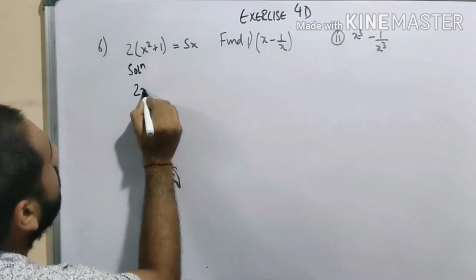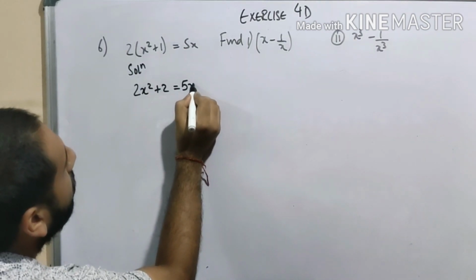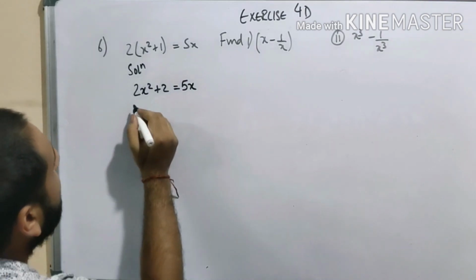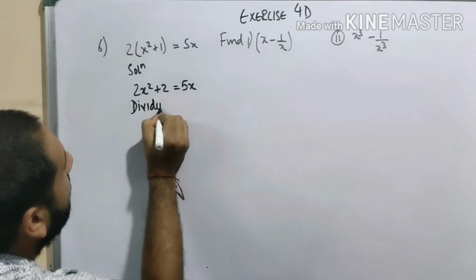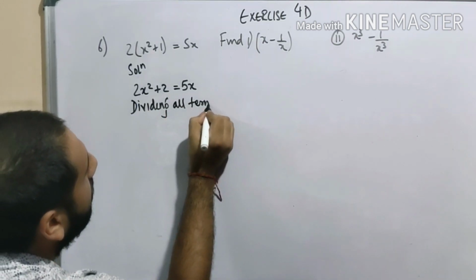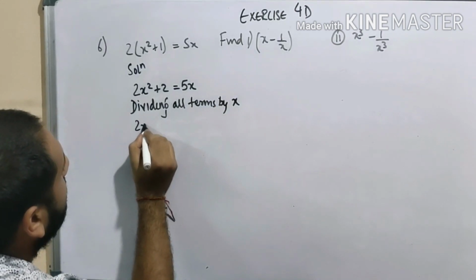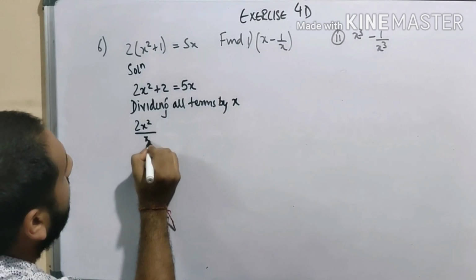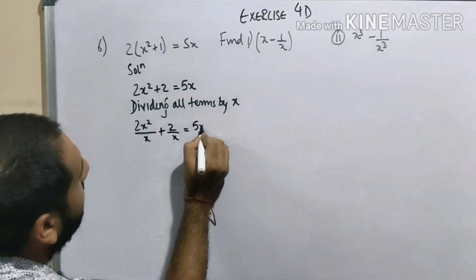It says 2x square plus 2 is equal to 5x. Alright? Now what I will do is, I'll divide all terms by x. Dividing all terms by x, it becomes 2x square by x plus 2 by x is equal to 5x by x.